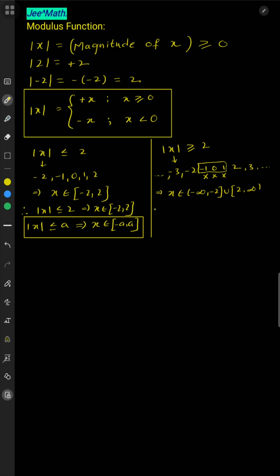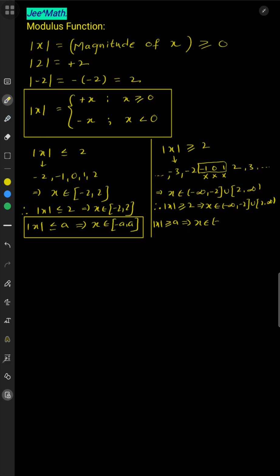So therefore, you see here, whenever you are having modulus of x greater than or equal to 2, we can say that it implies x values are from minus infinity to minus 2 union 2 to infinity, making it a formula. So modulus of x greater than or equal to a, suppose, then that implies what?